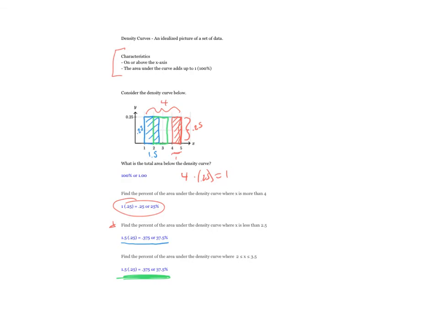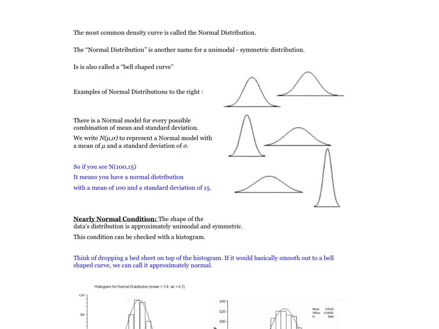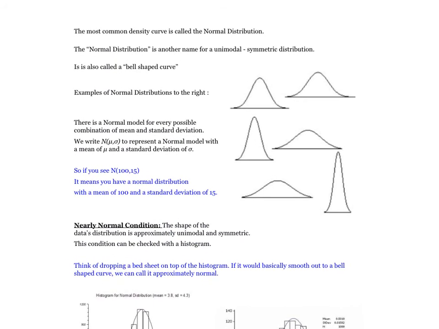We're going to be studying the most famous density curve, which is called the normal distribution. And the normal distribution is just another name for a unimodal symmetric distribution. It is also called a bell-shaped curve.